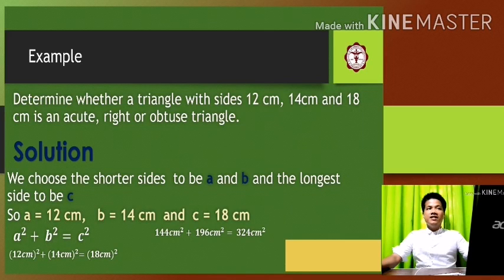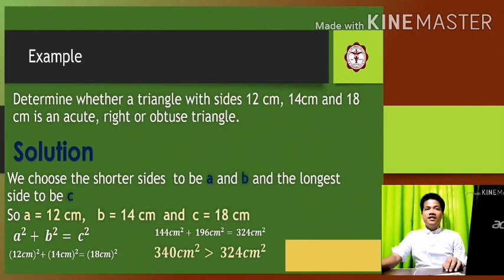By simplifying, 12 centimeters squared gives us 144 centimeters squared, plus 14 centimeters squared is 196 centimeters squared, and 18 centimeters squared gives us 324 centimeters squared.